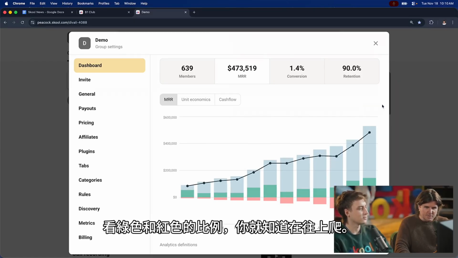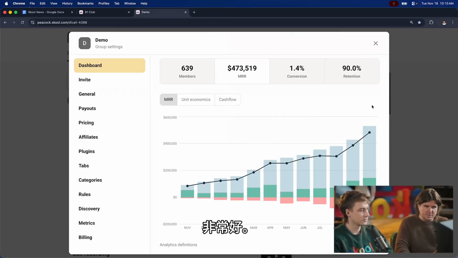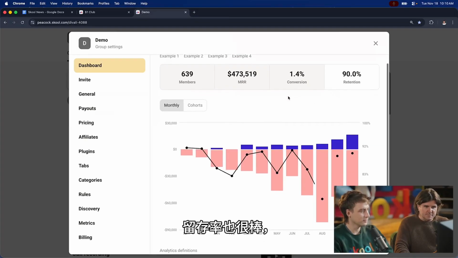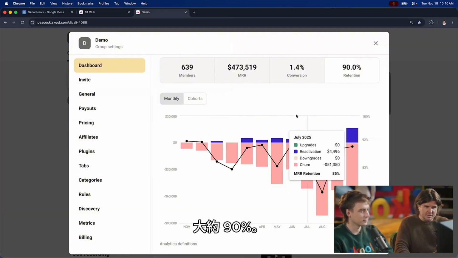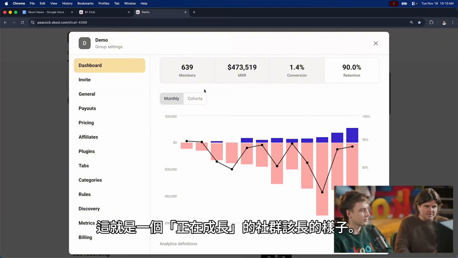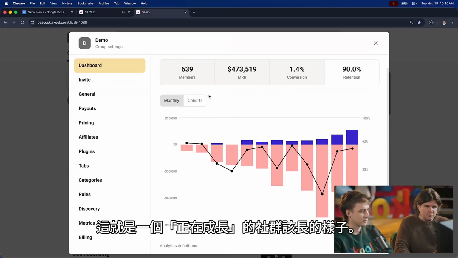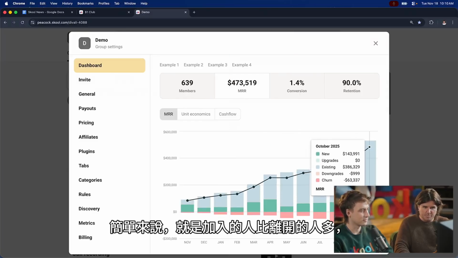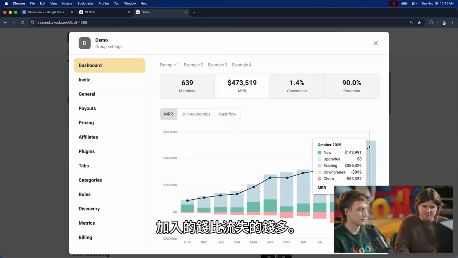And look at the green versus the red, right? So it's going up. Very good retention, like 90%. And so that's basically what a group looks like when it's going up. Simply put, it's just there's more people joining than leaving, more dollars being added than leaving, basically.